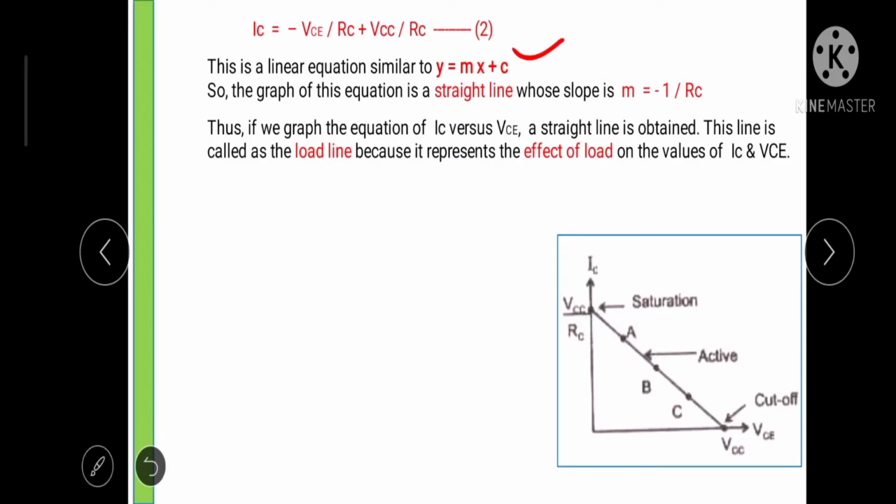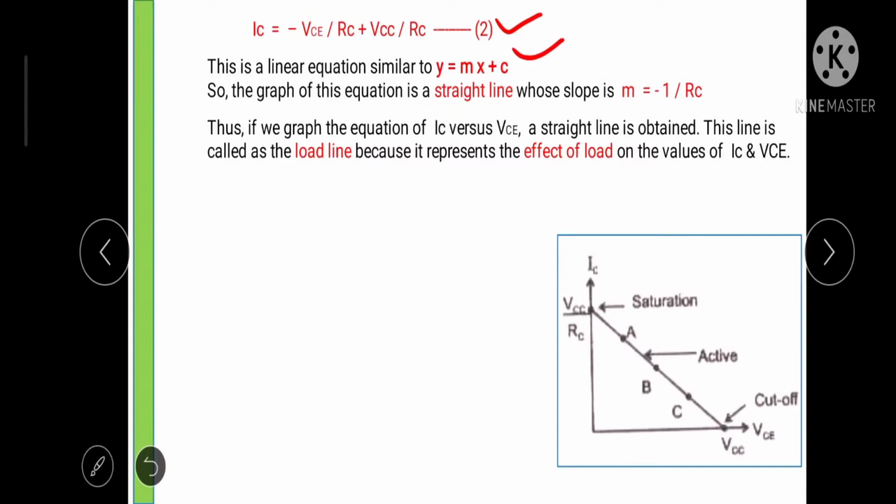If we compare this equation of a straight line with equation number 2, we can say that y is the IC, x is the VCE, m is minus 1 upon RC, and the constant term c is VCC upon RC.